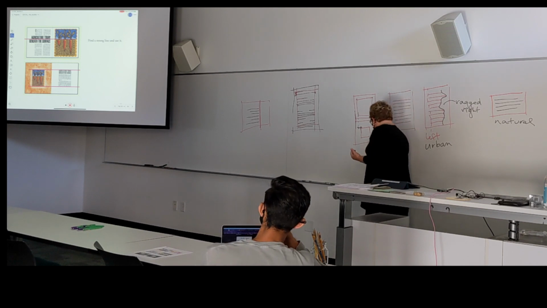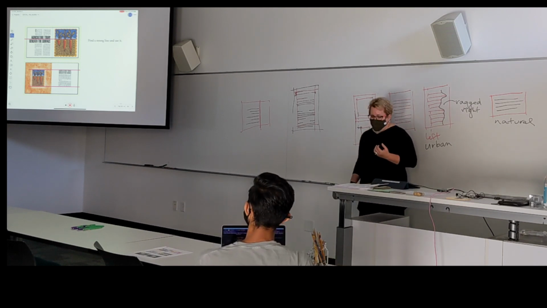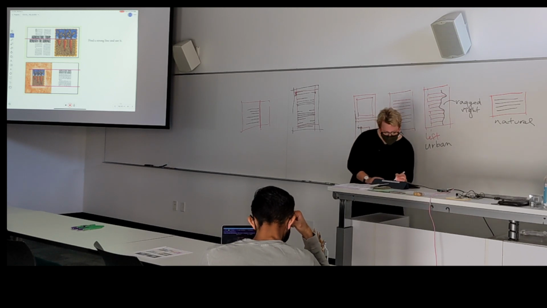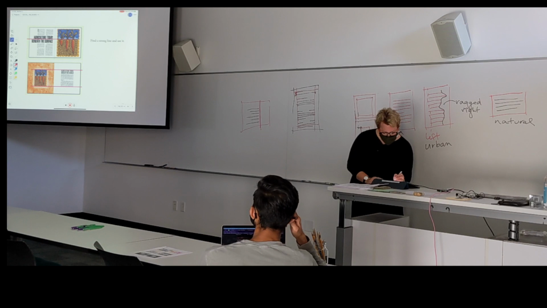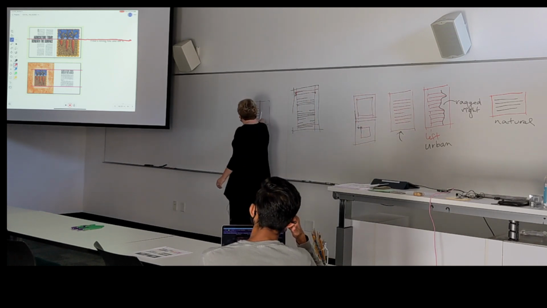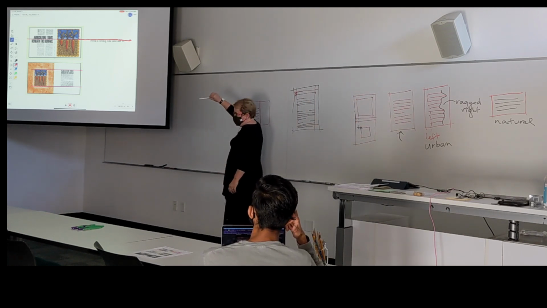So this is that idea of finding a strong line, and then echoing it and using it. So instead of using it this way, you can use it that way.